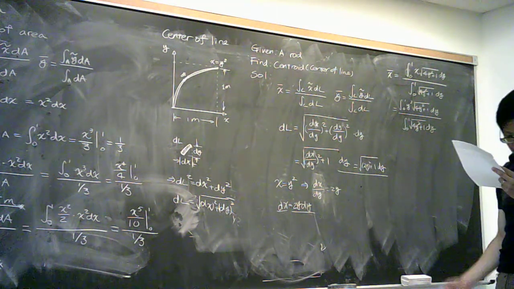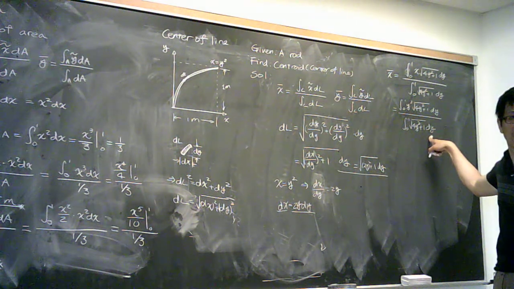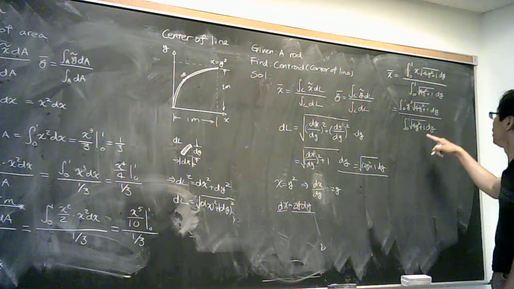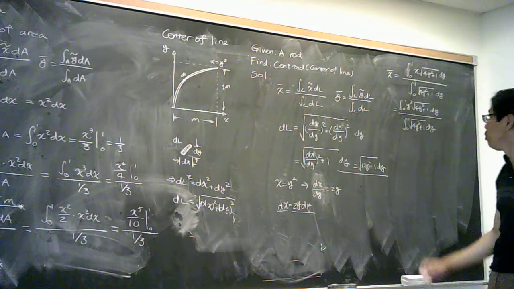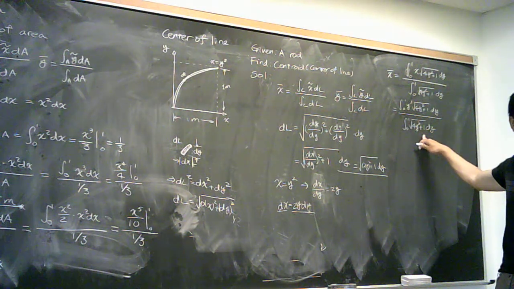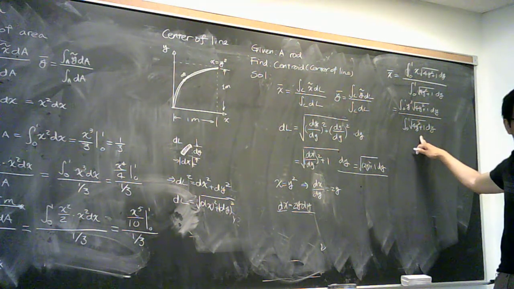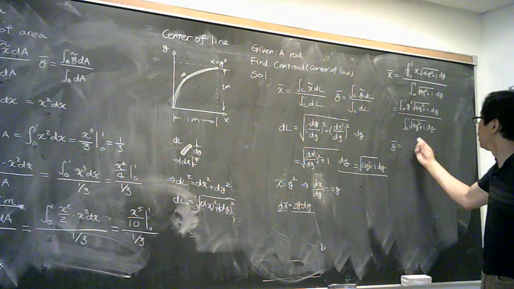For some reason I think this part is a little bit tedious. I'm not going to go through this part. But if you look up your integration table, you should be able to know the formula corresponding to something like this over here. Okay. Then, if you do y, it's similar.